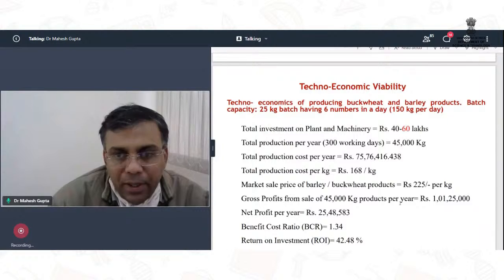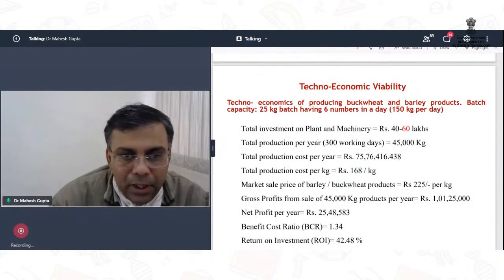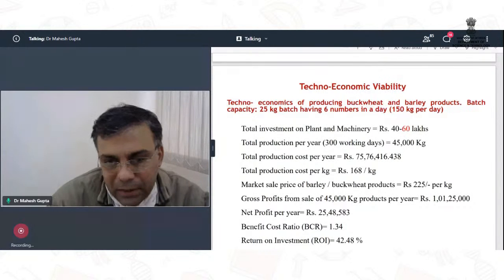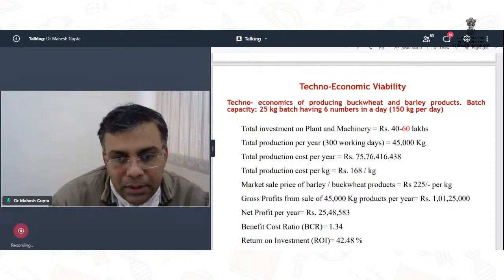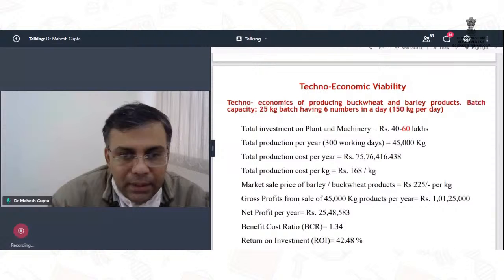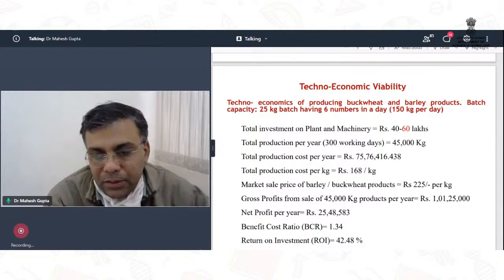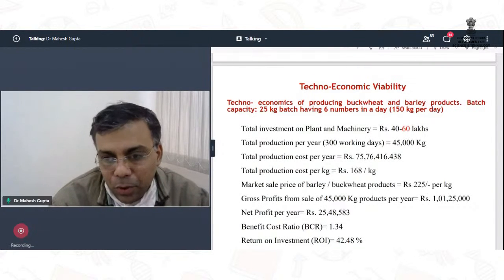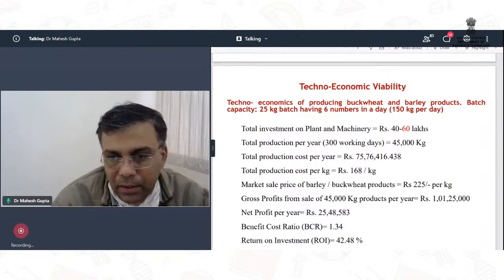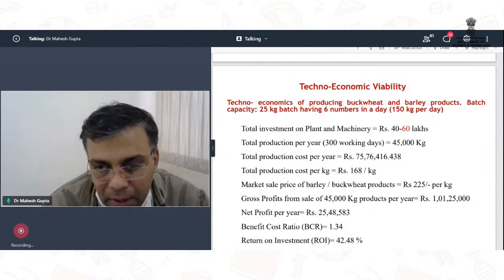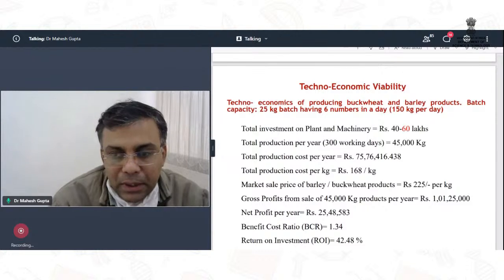This is the techno-economic viability for buckwheat and barley products. We can tell that the BCR is 1.34, which is very good. The return on investment is 42.48 percent, which is very good in nature. So it is a viable project, and any society, any NGO, and any self-help group can do this business in this area, not only in a tribal area but also in the lower part of the Himalayan belt.